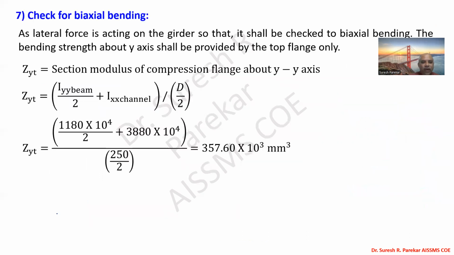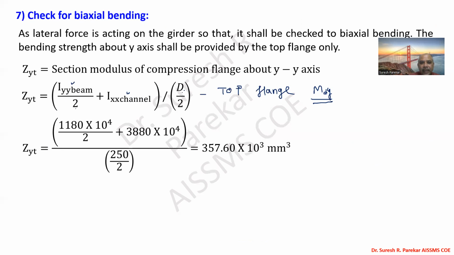So we have ZYT, and that is of top flange, because we have MDY in top flange only, and therefore we are checking for top flange. So IYB of 2, because this will be half we are going to consider, we are taking top, but channel we are going to consider full, because channel is to the top flange.